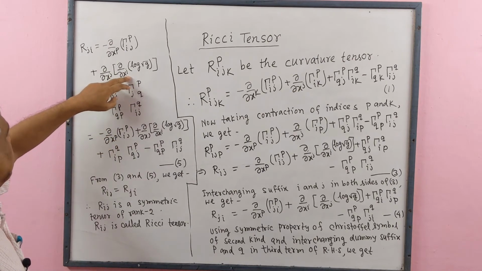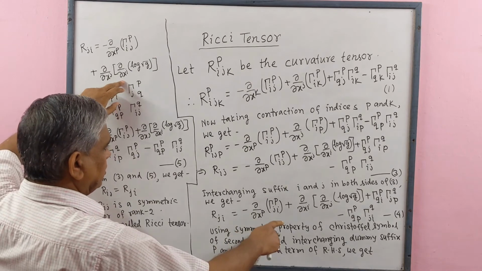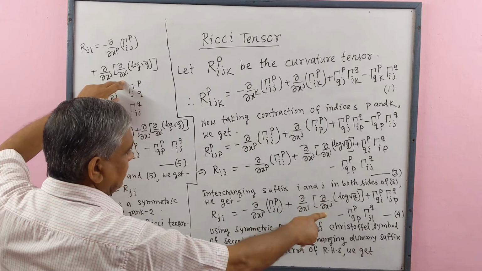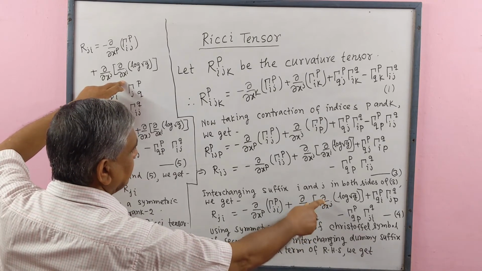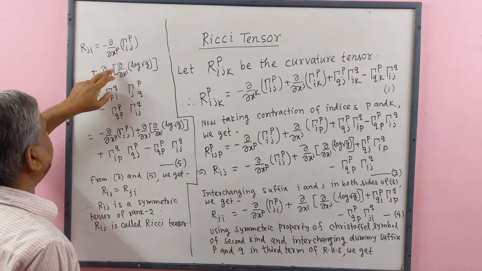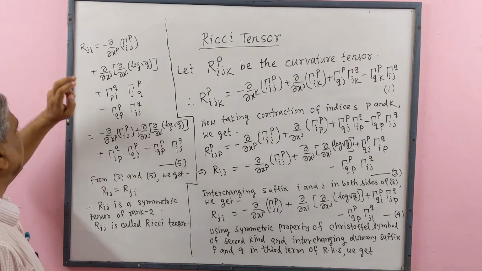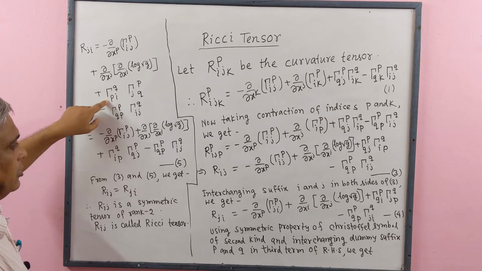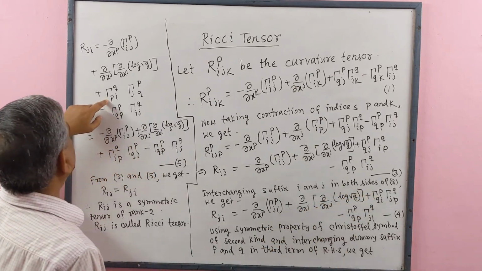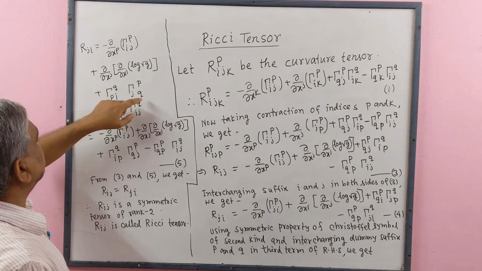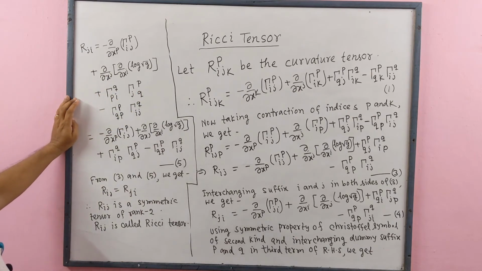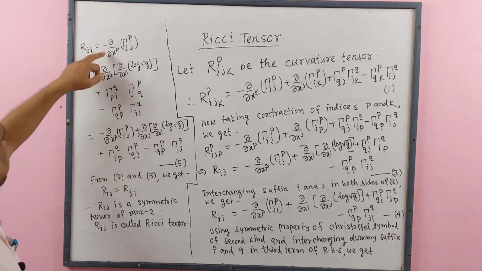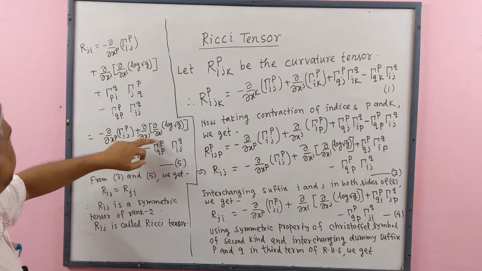Here in place of del by del x^i, del by del x^j, since this partial derivative is commutative, we may write del by del x^j outside and del by del x^i inside. Here in place of p we have written q, and in place of q we have written p. This equals this same, this term same, this term same.